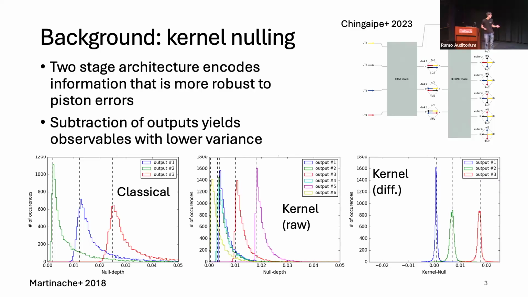If you do it with the kernel nuller, you get some more outputs, but because you have clever post-processing and you do a subtraction, you actually get these distributions on the right, and you can see that they're much narrower, even though the phase errors that were injected are the same for both cases. So this is the critical ingredient that we're going to be using for nulling interferometry.